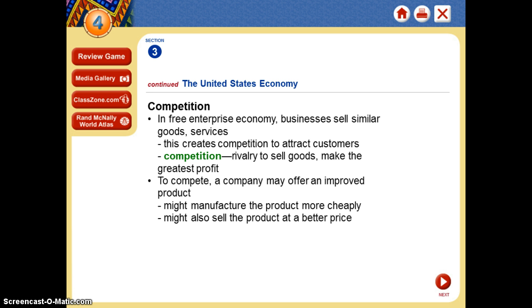Competition is a key component of the free enterprise economy. Businesses sell similar goods and services. You have Samsung Galaxy S3, you have the iPhone 4, or now it's 5 and S4, I don't know, I can't keep up. But they compete against each other to attract customers. Now, this is a key component in the free enterprise economy because that competition can drive a company to manufacture an improved product.